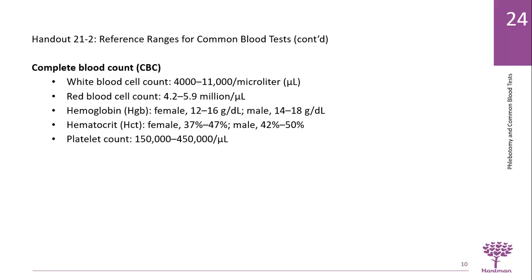You will need to know the range for the white blood cell count. I haven't seen anyone ask you specifically about any of the other lab value ranges, but I want you to recognize that white blood cell count, red blood cell count, hemoglobin, hematocrit, and platelet count all fall under CBC.